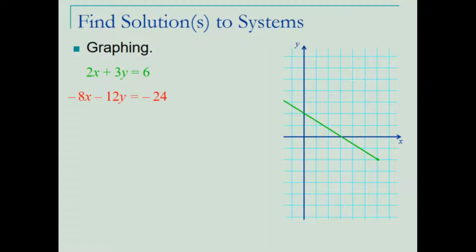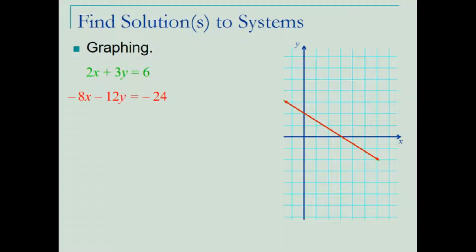Here in green is the graph of all the infinite number of solutions to equation number 1. And when we graph the second equation, if you noticed, it happened pretty quickly, this red line is superimposed, or in reality is the same line as the graph of the first equation.